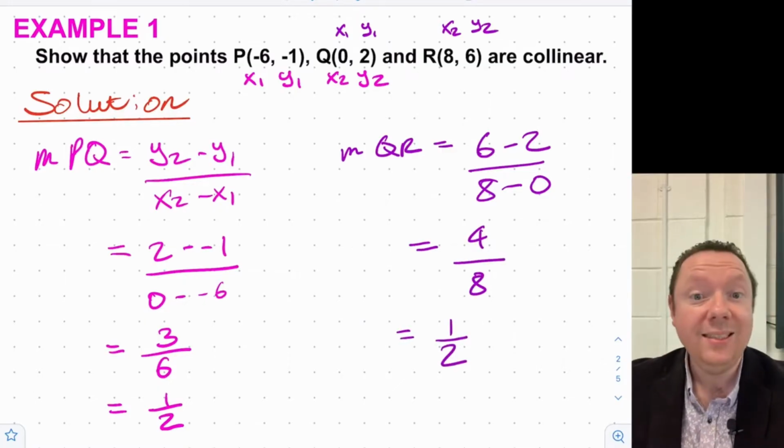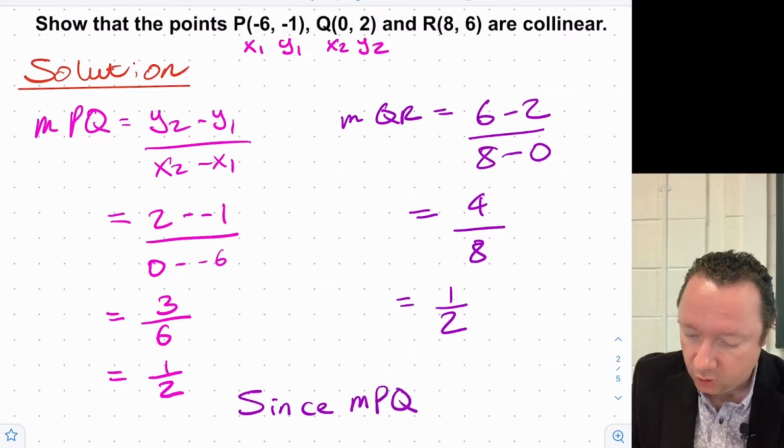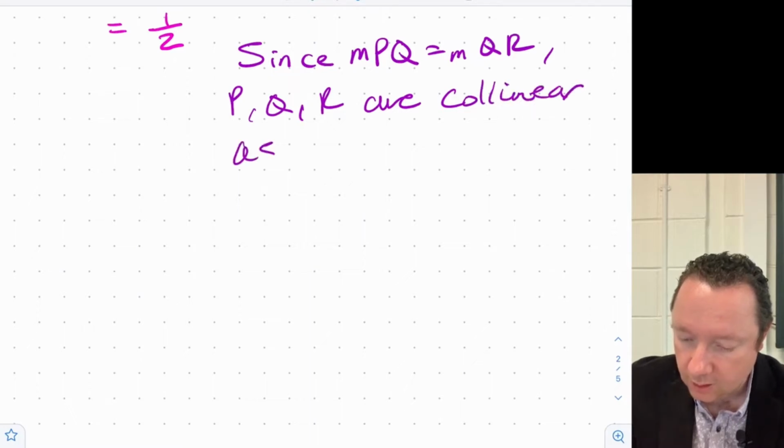So I've shown it, but I need to say how I know now. So since the gradient of PQ equals the gradient of QR, P, Q and R are collinear, as Q is a common point.